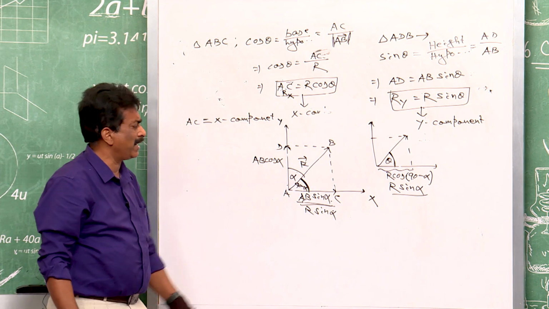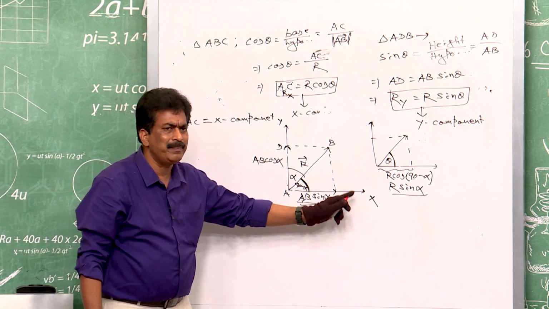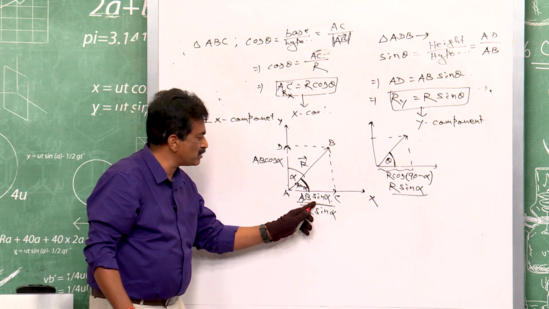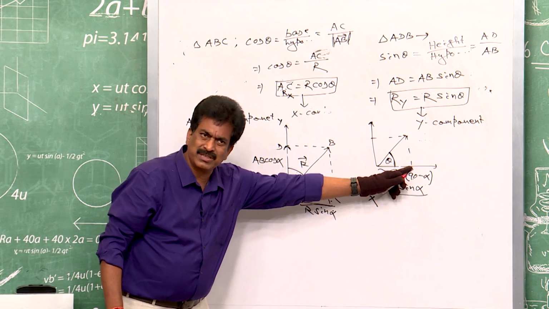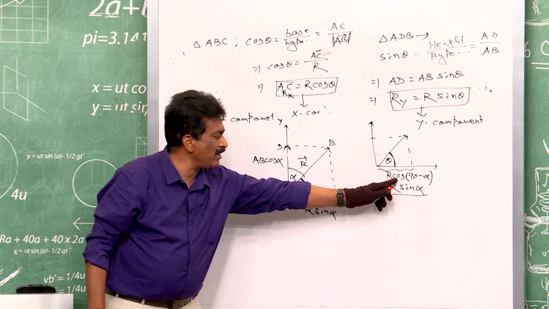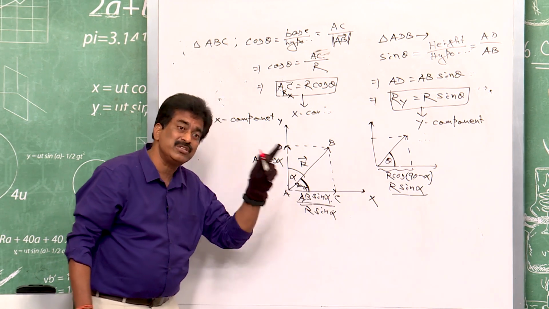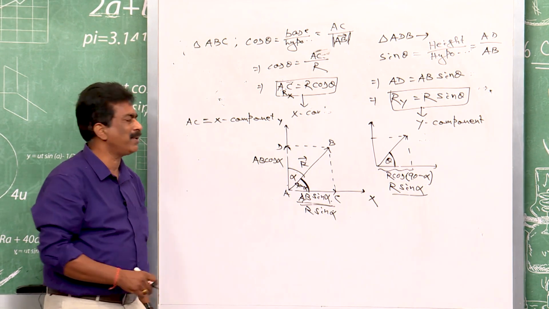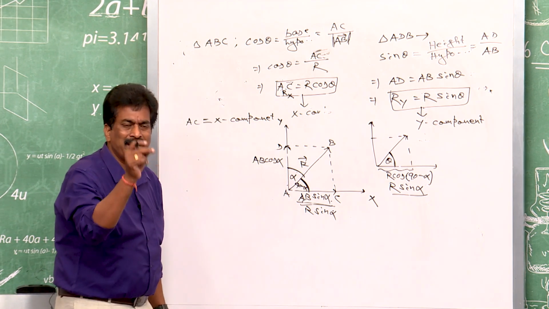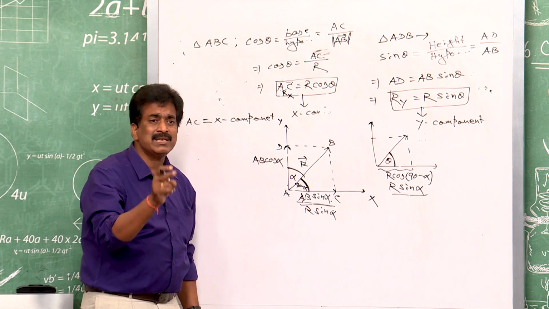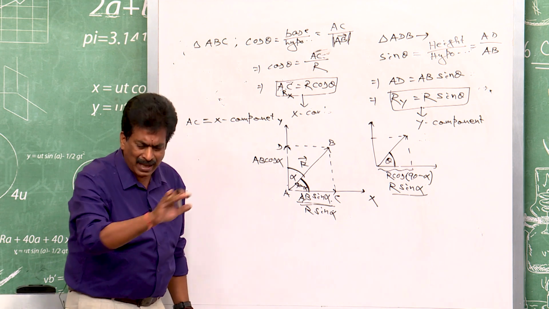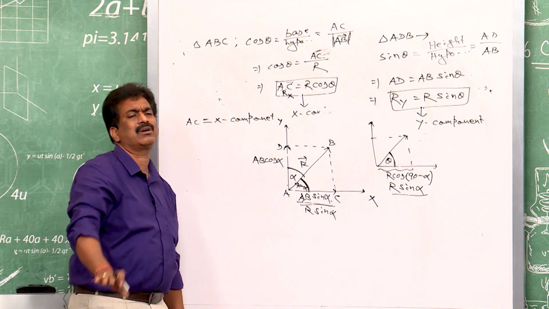So if we remember that the x axis component will always be the cos function, that is a misconception. You see this is the x axis, here also this is the x axis, but here it is the sine function, whereas earlier it was the cos function. So how do you have to remember? The angle which is provided by that vector, with which axis it is making the angle, along that axis the component is always the cos function.